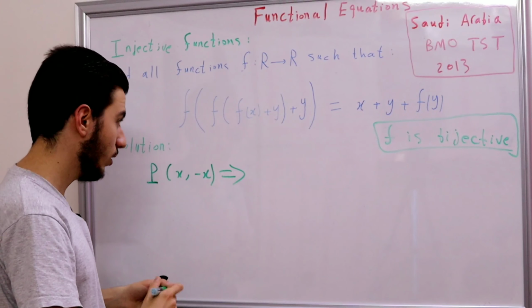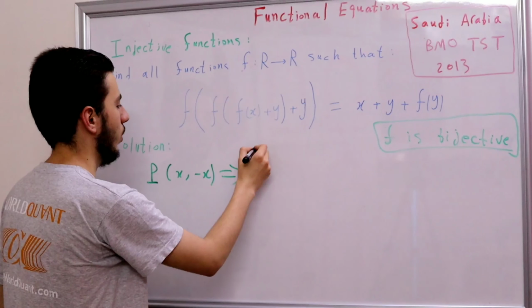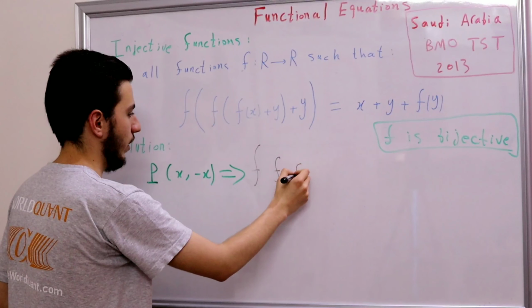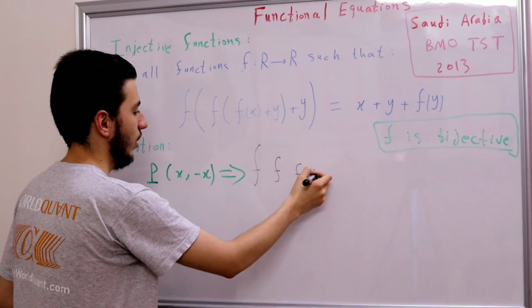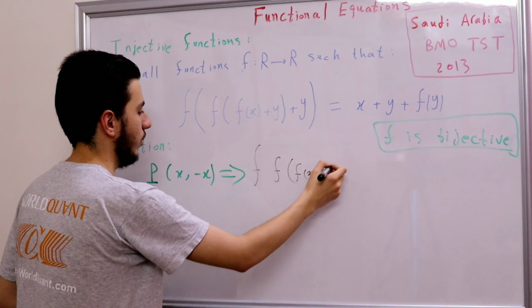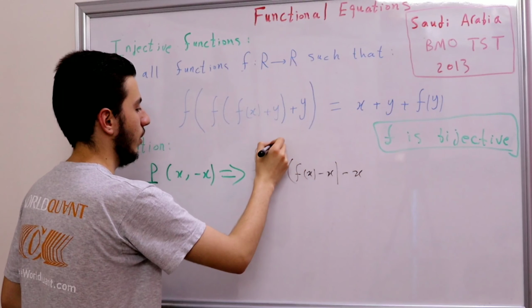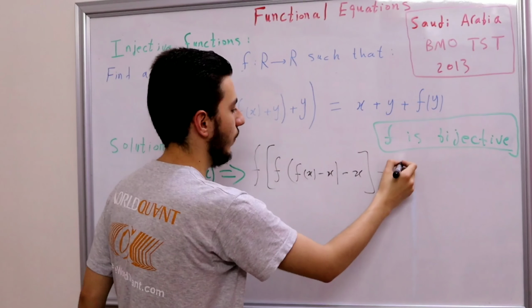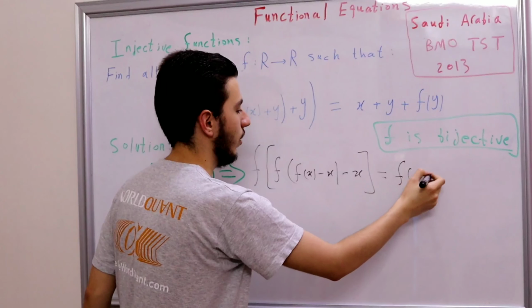We're going to get one big F, and one small f, minus x here, and here minus x, and that is equal to f of minus x. But guess what?